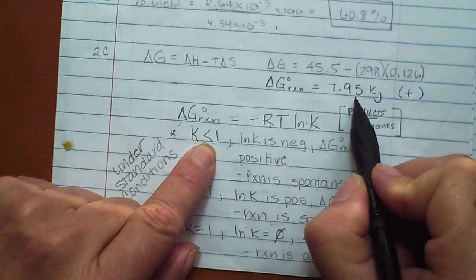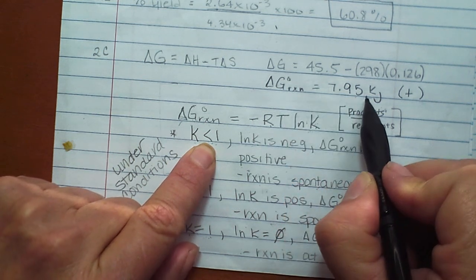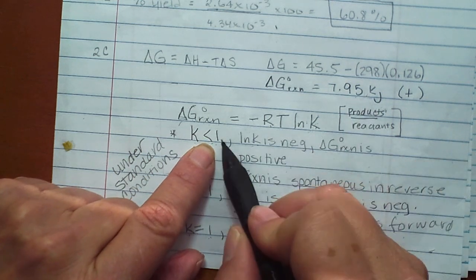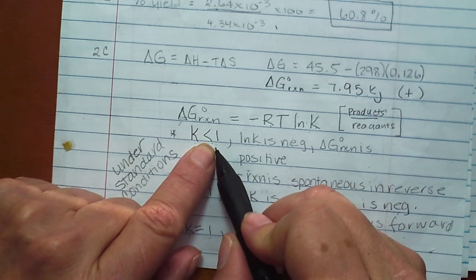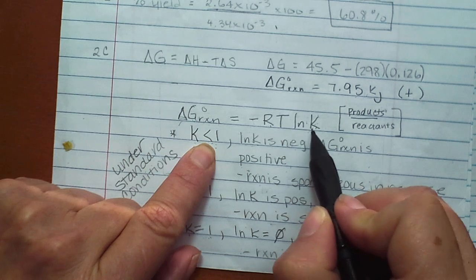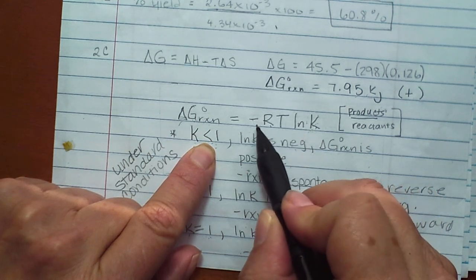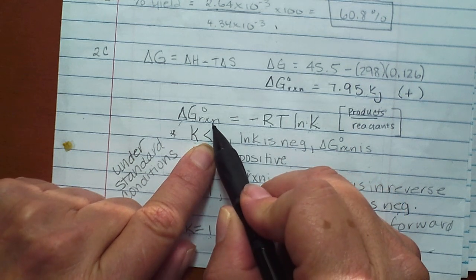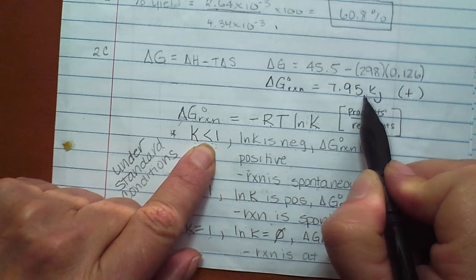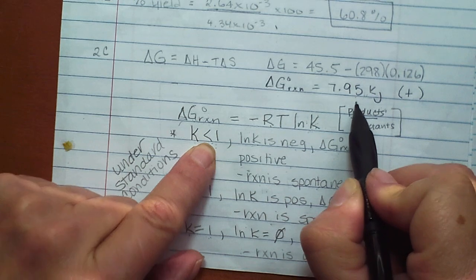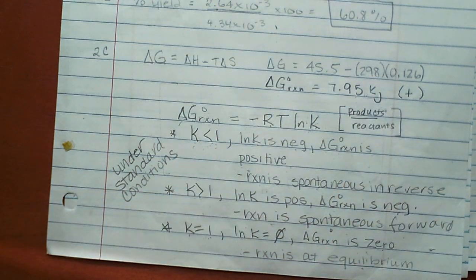This is a non-spontaneous reaction where K is less than 1. The ln of K is negative, a negative times a negative is a positive, therefore delta G would be positive, and in fact, it is.